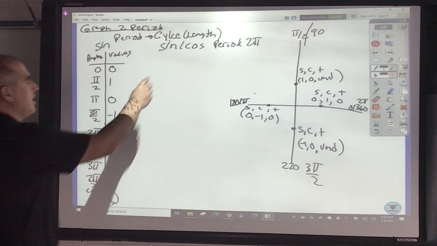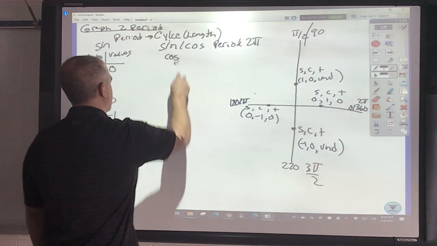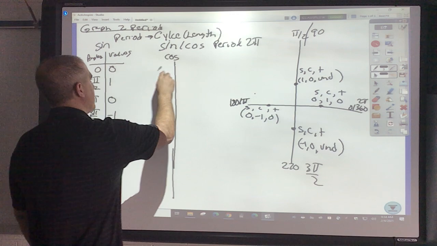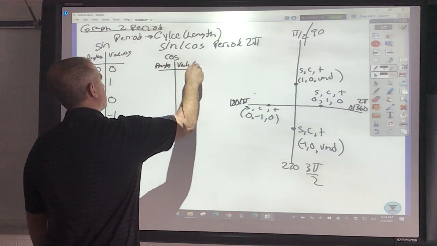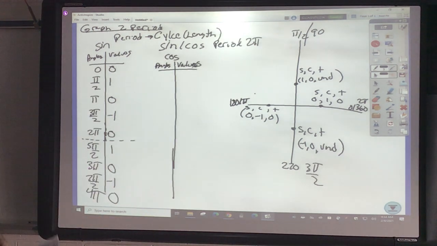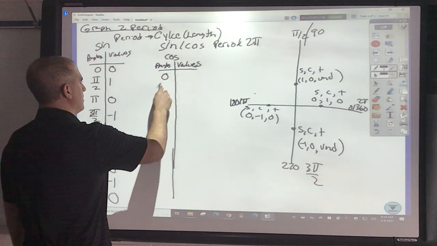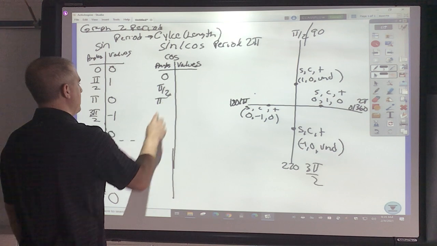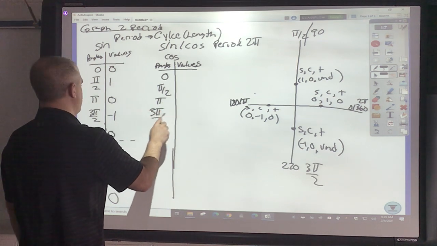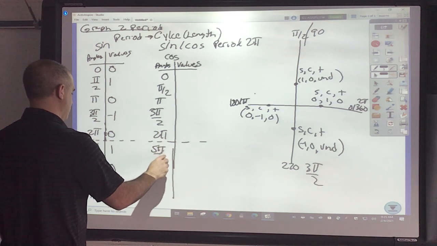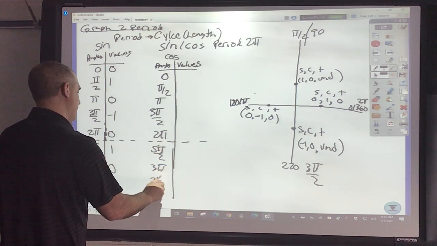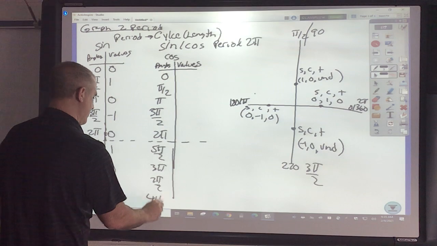Now cosine. Let's go through the same thing, angles and values. Same deal: 0, pi over 2, pi, 3 pi over 2, 2 pi, that's one cycle, then 5 pi over 2, 3 pi, 7 pi over 2, 4 pi.